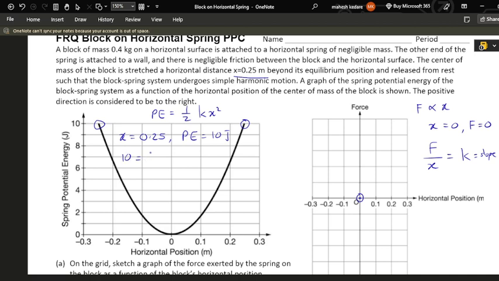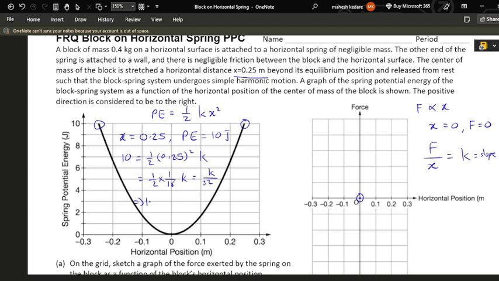10 equal to half k times 0.25 squared. To simplify the calculation, you can write 0.25 as 1 by 4, and the square of 1 by 4 will be 1 by 16. So 10 equals k divided by 32.